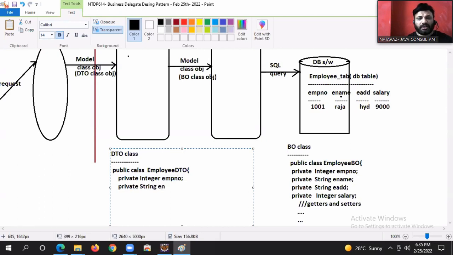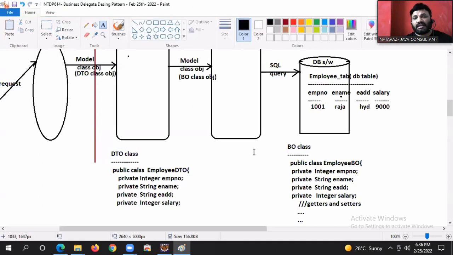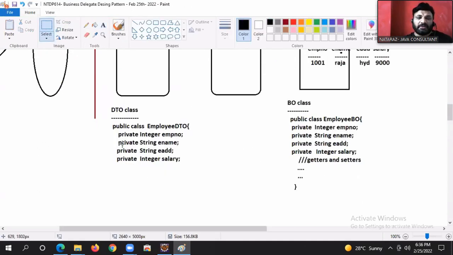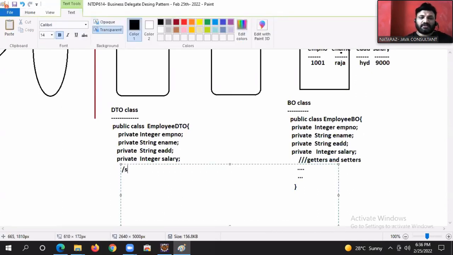String employee name, string employee address, private integer salary. Some extra properties may be there, who knows, carrying the inputs. As usual, setters and getters.